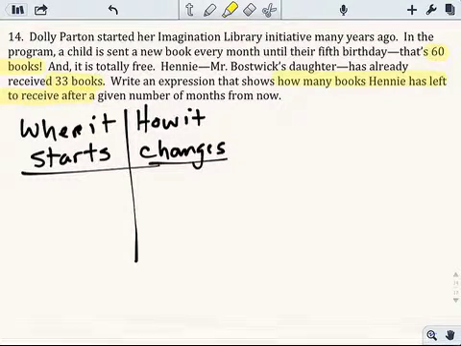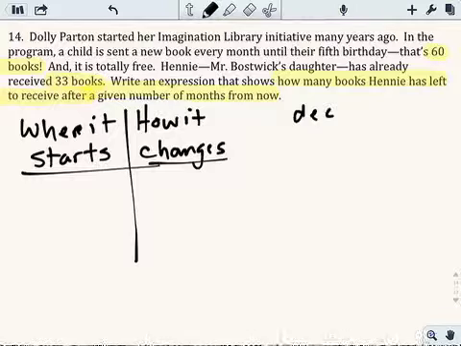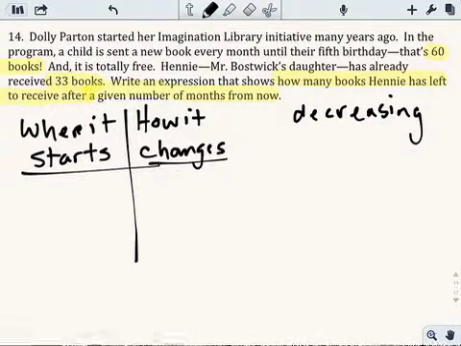If I'm thinking about how many books Henny has left to receive, that means it should be decreasing, because she gets a total of 60 books. So I'm just going to make a note to myself: decreasing. All right, so where does it start? Well, she's already received 33 books, and she gets 60 books total.